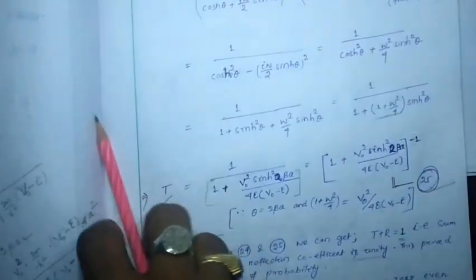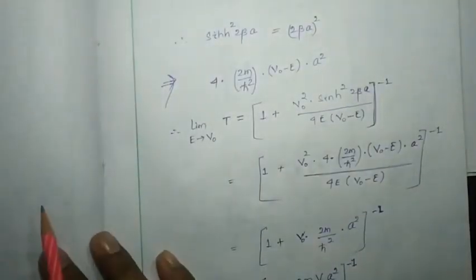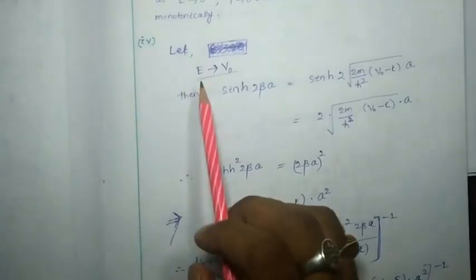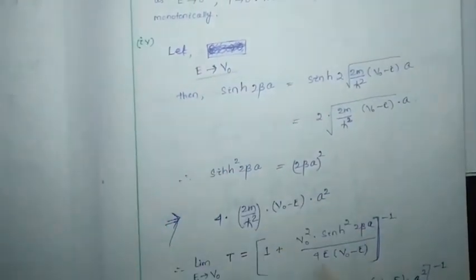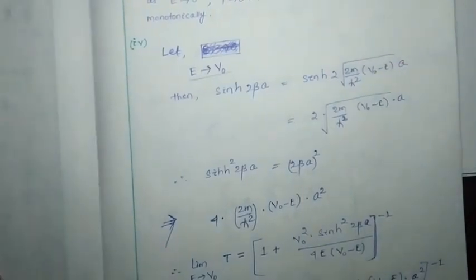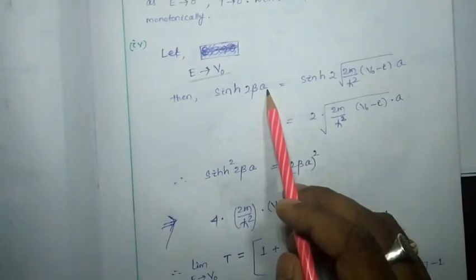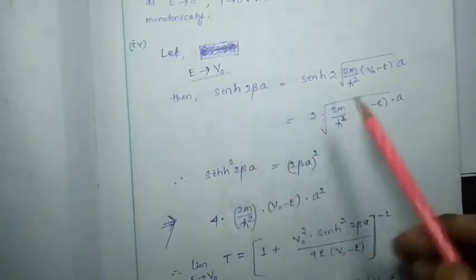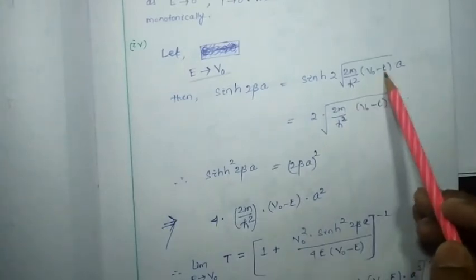Okay, now we are going to consider the next bit, that is, let E tend to V0, then what will happen? Then sinh 2βa, if we write it elaborately, then instead of β we can write root over 2m by ħ² (V0 minus E).